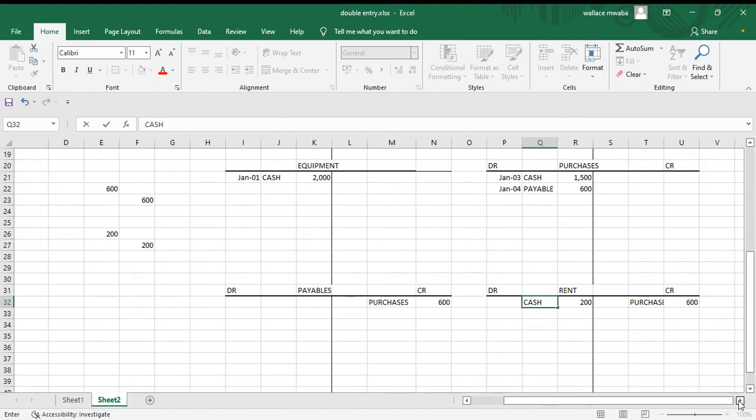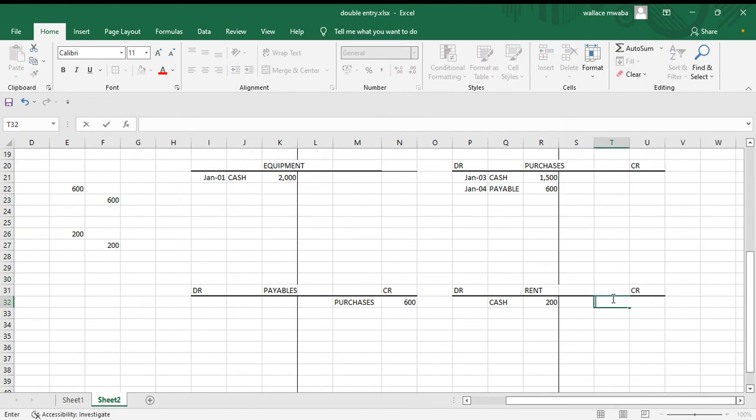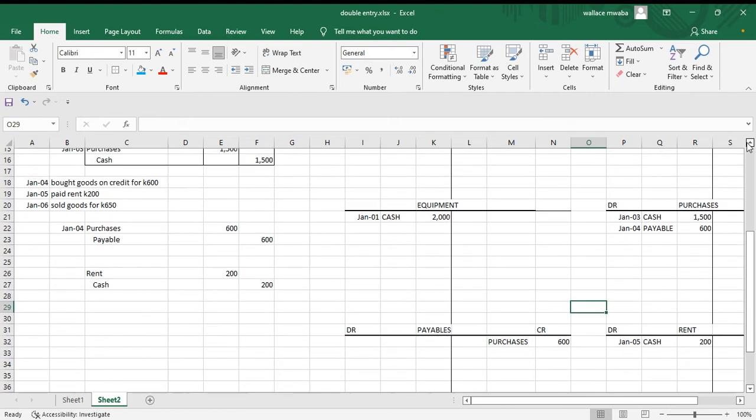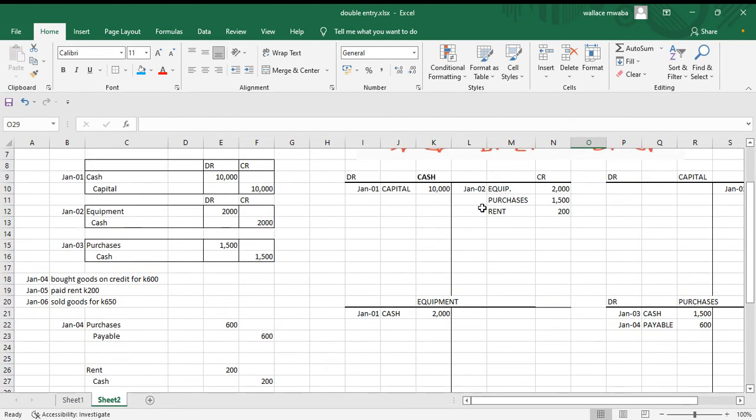Debit rent account 200. Okay, that was January 5th. And also here on our cash account, say January 3rd.